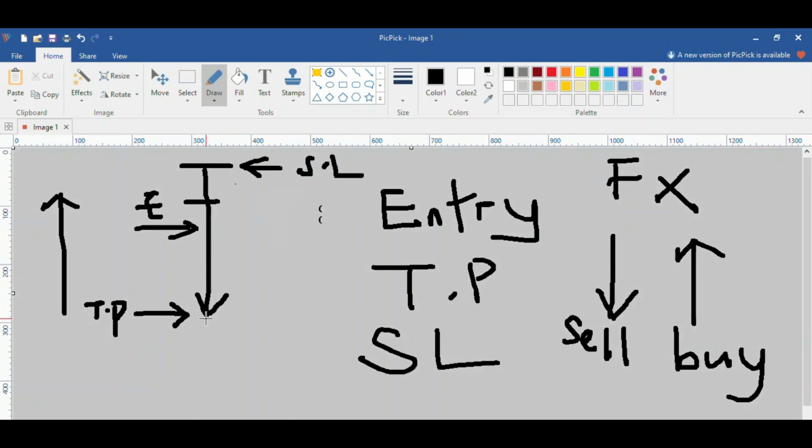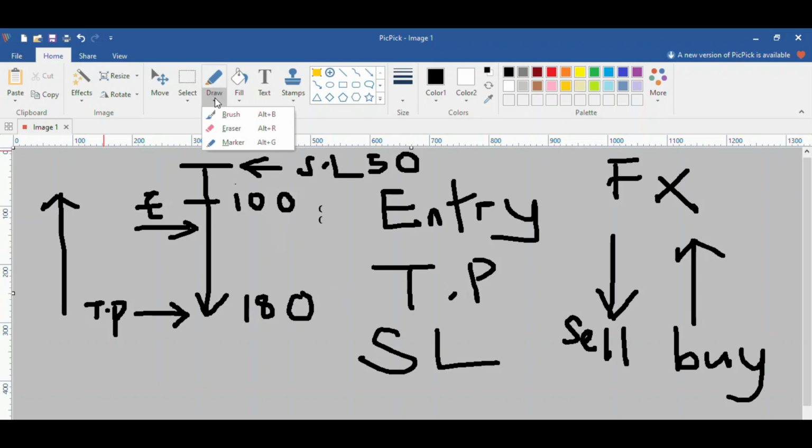So for every sell, the price of the take profit will always be lower than the entry. Let's say you are entering the market at 100, the take profit could be 50, and the stop loss could be 180.